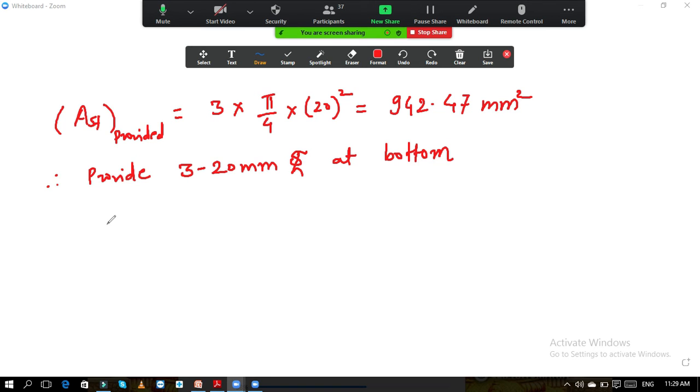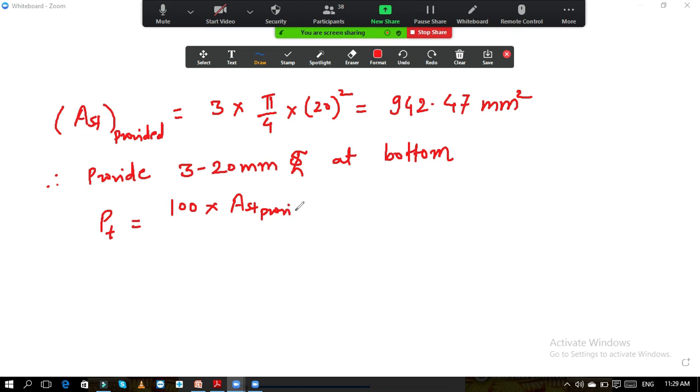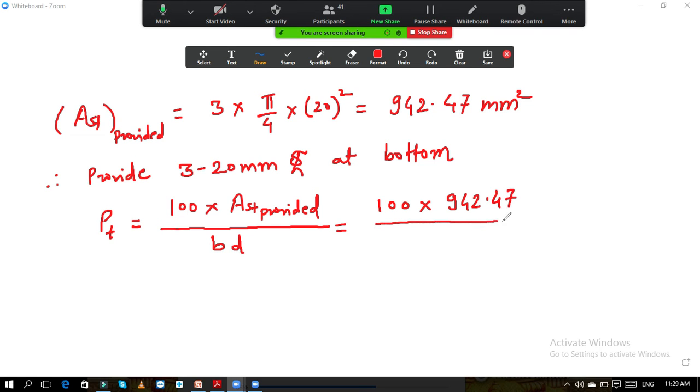Now calculate the percentage of steel. PT, percentage of steel. How do we calculate percentage of steel? It is 100 into AST provided whole divided by BD. So put the value and calculate the answer. It is simple, 100 into AST provided is 942.47 whole divided by B into D. B is 300 into D, the effective depth, is 555.